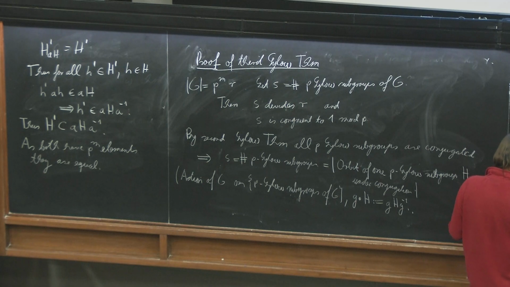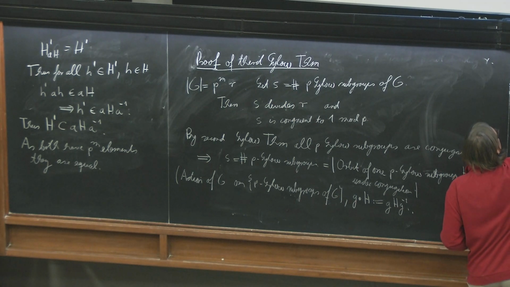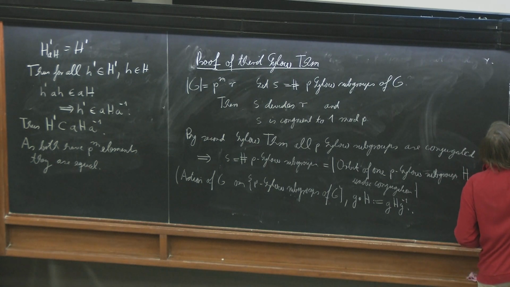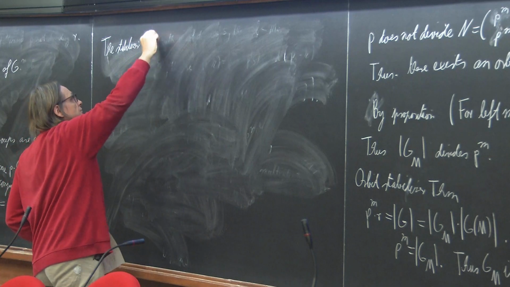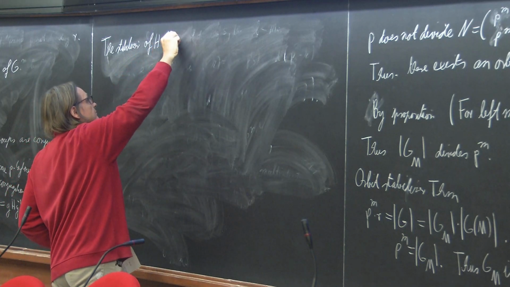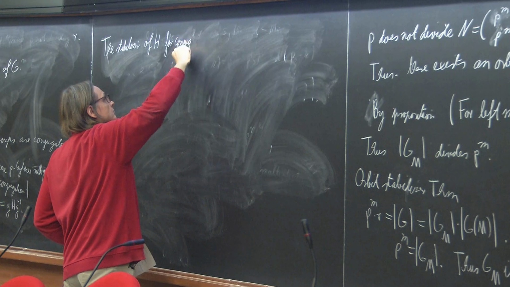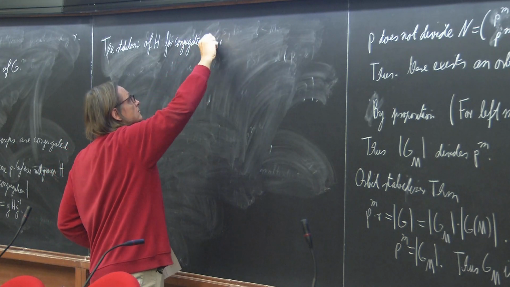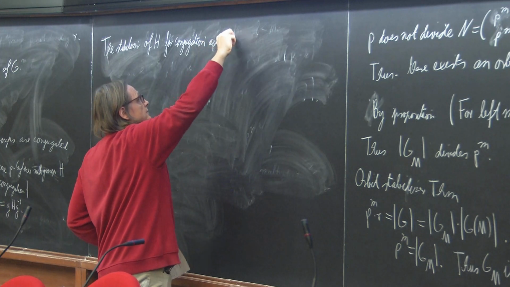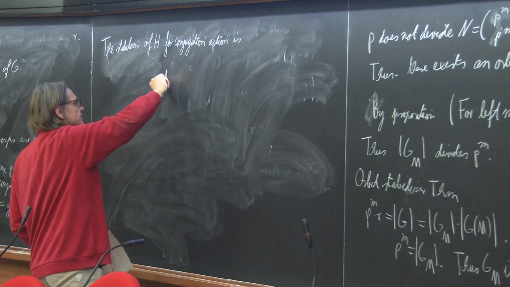So the stabilizer of H for the conjugation action is the normalizer, N H.